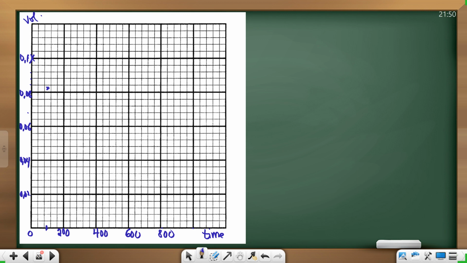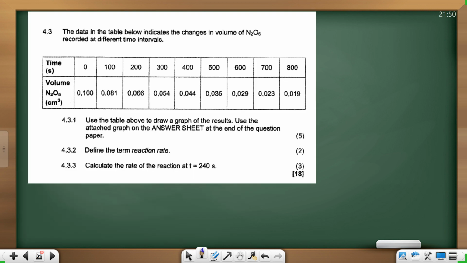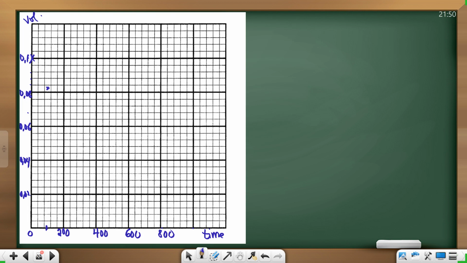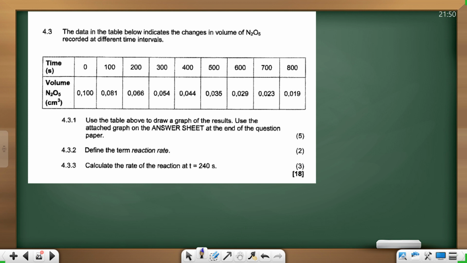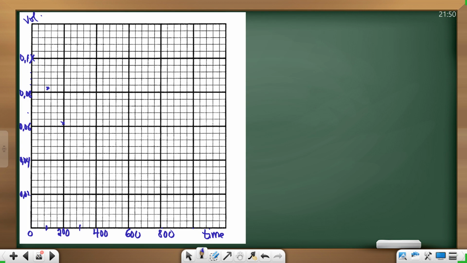So you can see your graph is decreasing. Okay, so this is what you do. 200 to 0,066, somewhere there. And it's not a straight line, guys. 300 and 0,054. 300 is somewhere there. 0,054. This is 0,042, 046, 048.